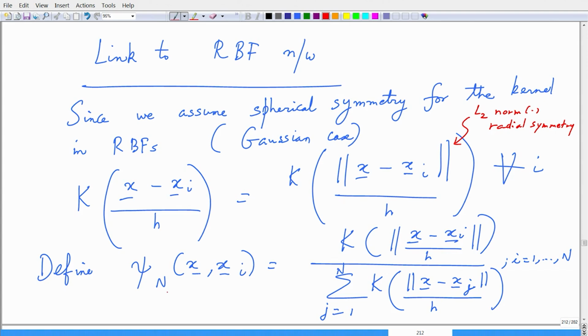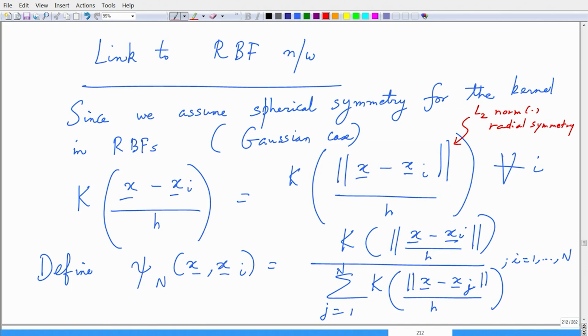Let us define psi n of x comma xi, the way we define the weighting function, in this form: the kernel evaluated at the norm of (x minus xi) upon h, divided by the summation j equals 1 to n of this kernel acting on all the points.